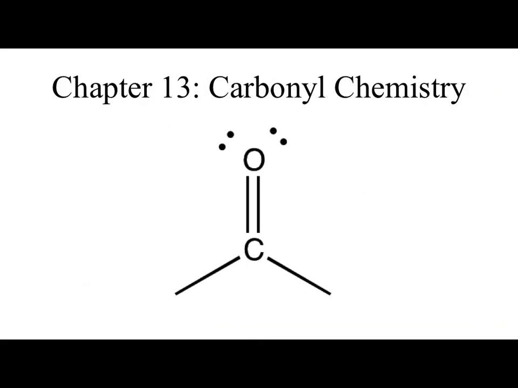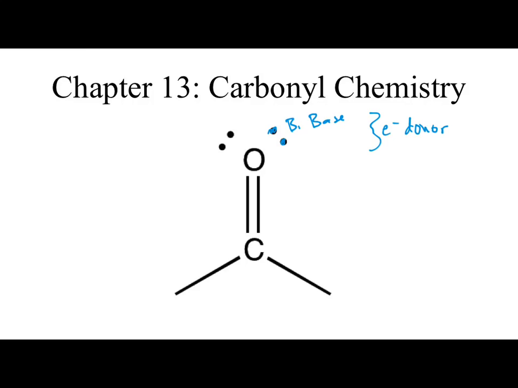What do you see? Lone pairs on the oxygen, which would suggest... I heard a base. So we're looking at an electron source or an electron donor. Let's stick with the standard terms we've been using. So we could look at it as a Bronsted-Lowry base.